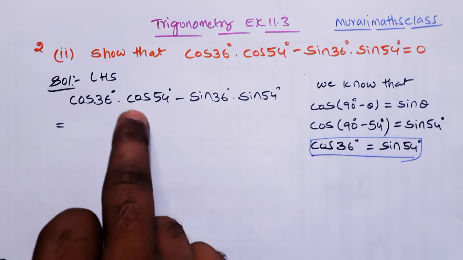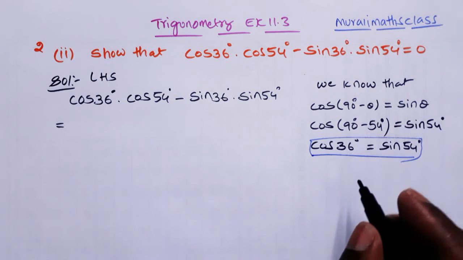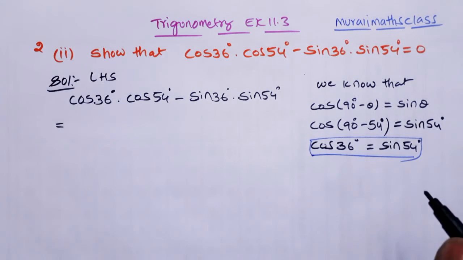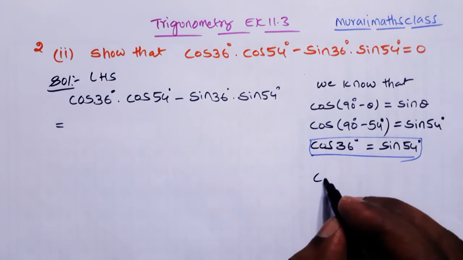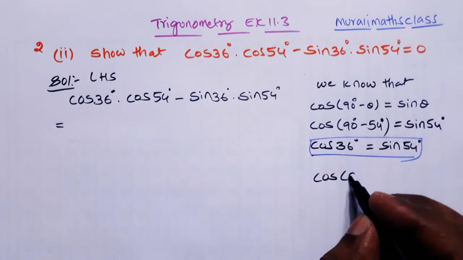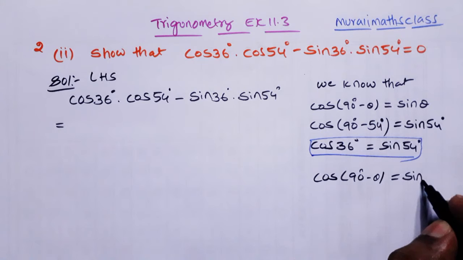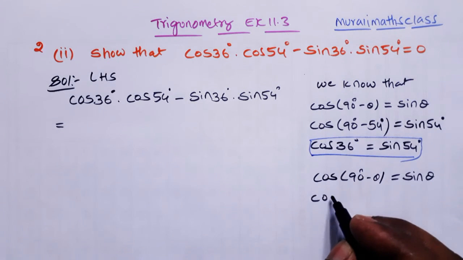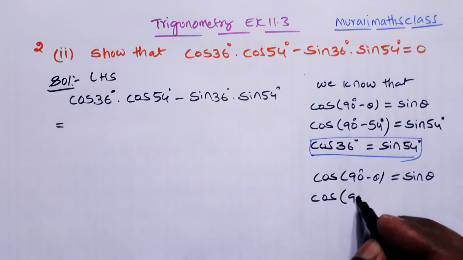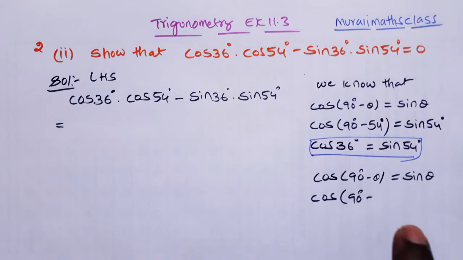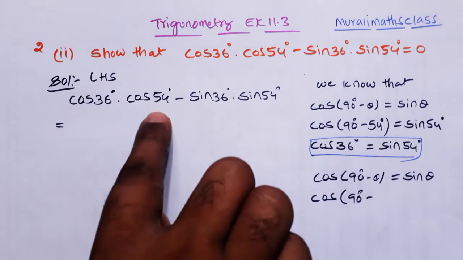In the same way, convert cos 54 also, again with the same formula: cos 90 degrees minus theta is written as sin theta. We have to get 54.